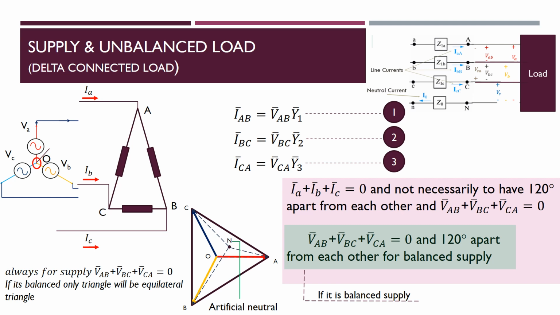The respective equations are given here. IA plus IB plus IC is equal to 0, though the currents are not necessarily 120 degrees apart from each other. But VAB plus VBC plus VCA is always equal to 0, and they are given here.